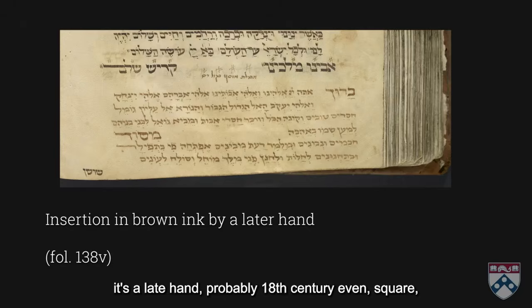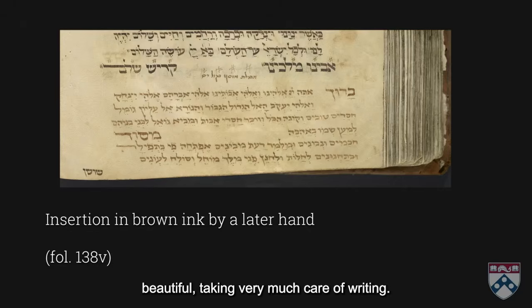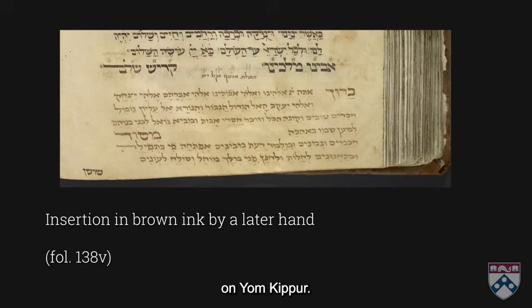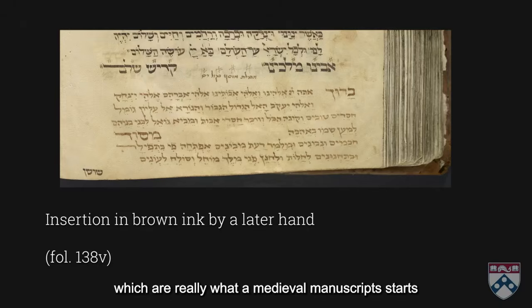It's a late hand, probably 18th century even, square, beautiful, taking very much care of writing. And it adds the introduction of prayers for Musaf and Mincha on Yom Kippur. At the beginning, before the piyutim start, which are really what a medieval manuscript starts a service with, because they assume that you do know the prayers.